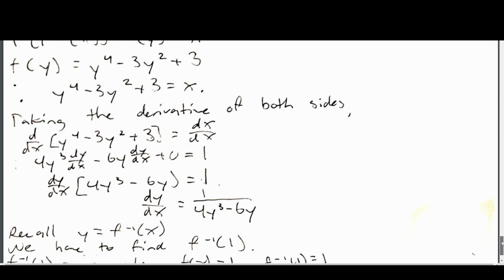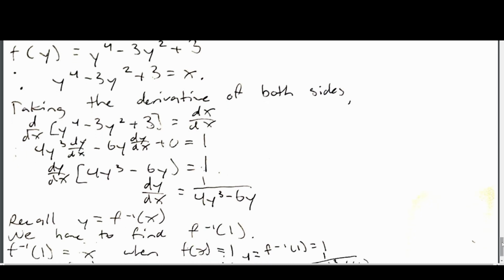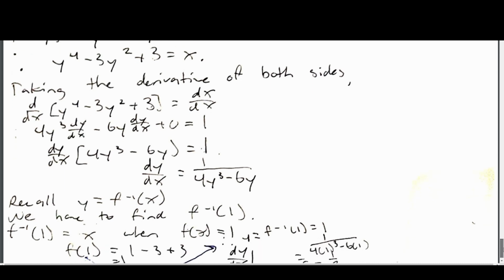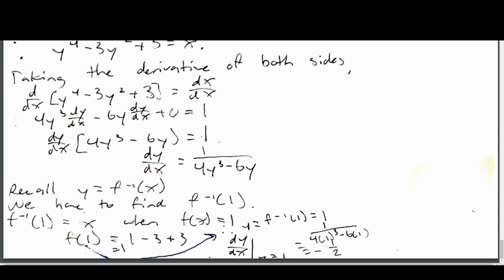To do this, we know that f inverse of 1 is going to equal the x value when f of x equals 1, since this function is an inverse of the original function f. By guessing and plugging in, we know that f of 1 equals 1 to the power of 4 minus 3 times 1 squared plus 3, which gives us 1.